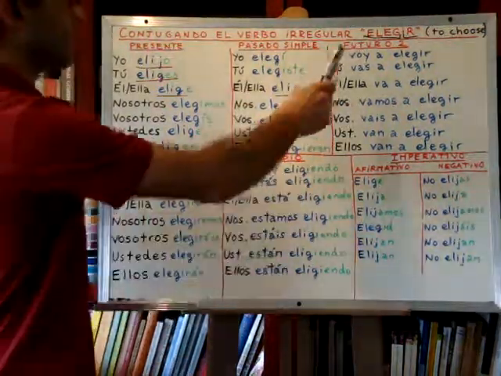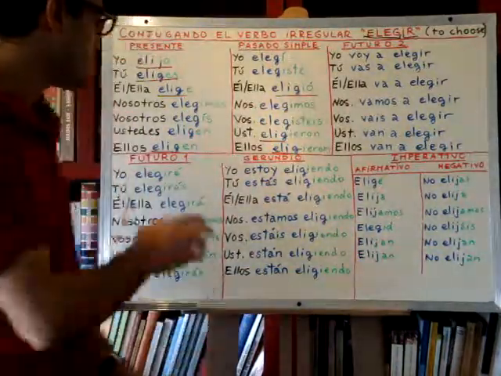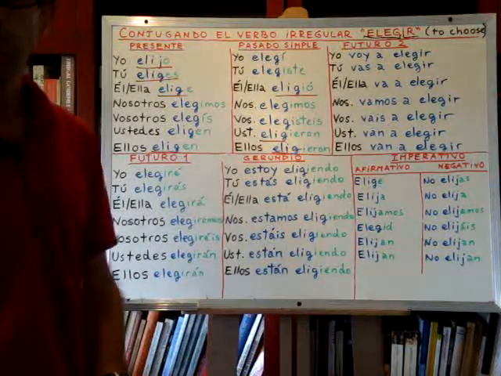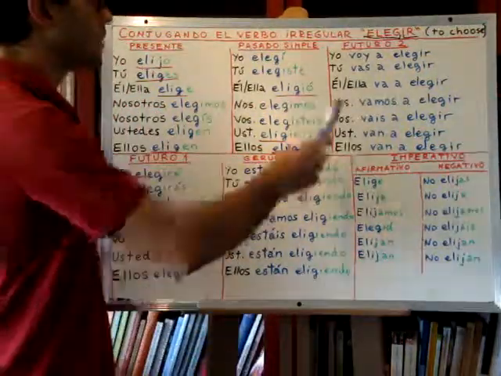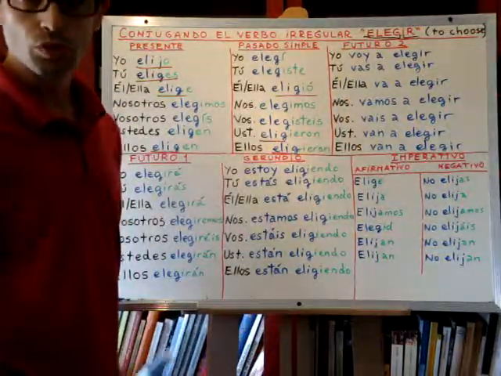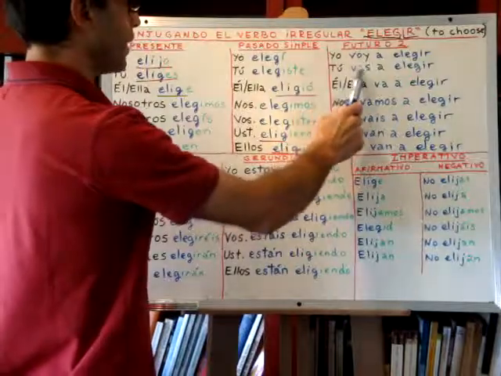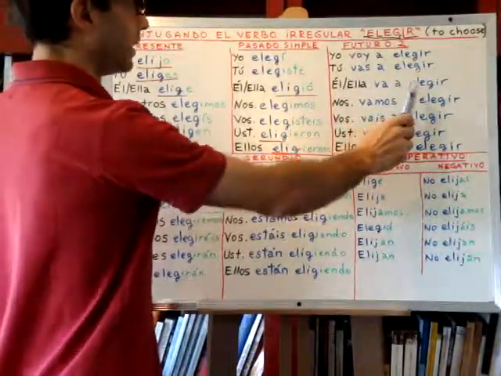Now let's do the other future, the alternative future. For example, we just said, I will choose. We can also say, I am going to choose. So, yo voy a elegir means I am going to choose. Tú vas a elegir. Él va a elegir.